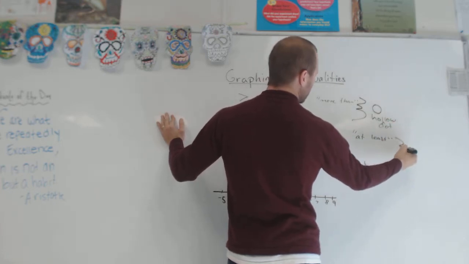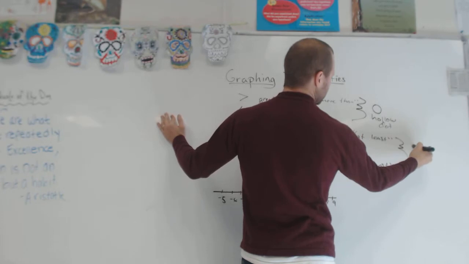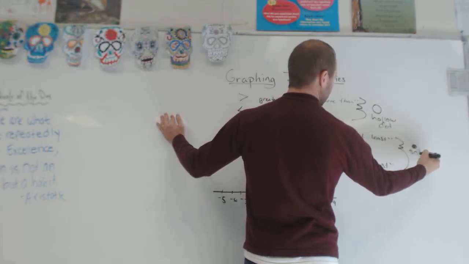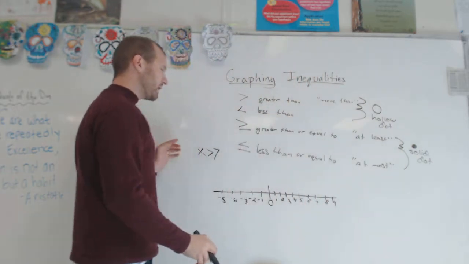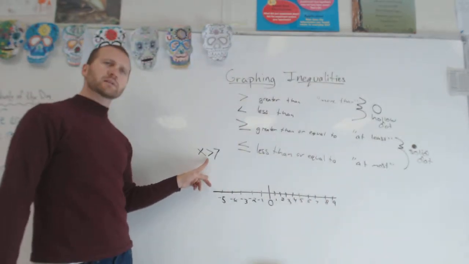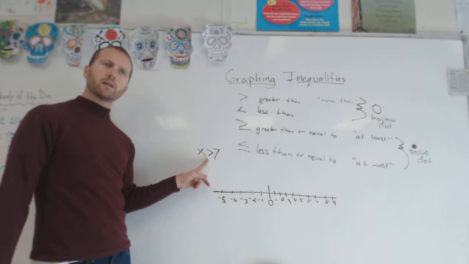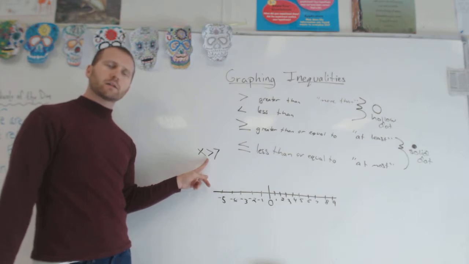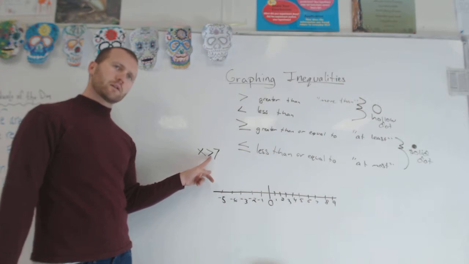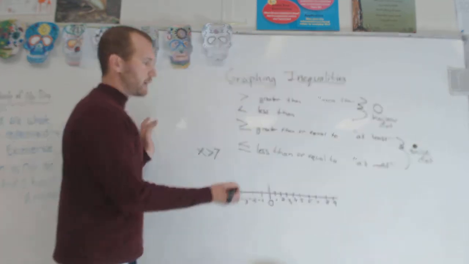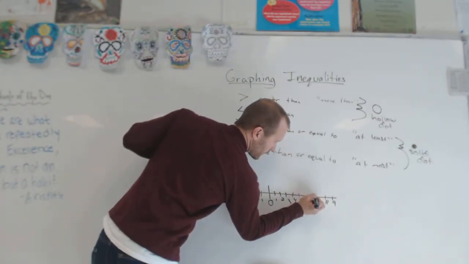If you have the equal to, that's going to be a solid dot on your number line. What kind of a dot am I going to use for this one? Hollow or solid? Hollow. So at 7, I'm going to put a hollow dot like that.